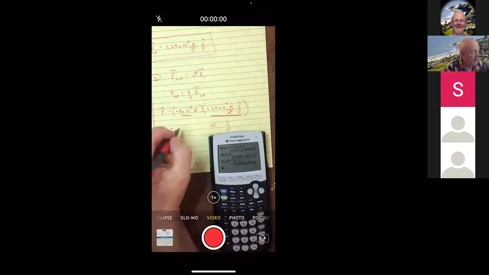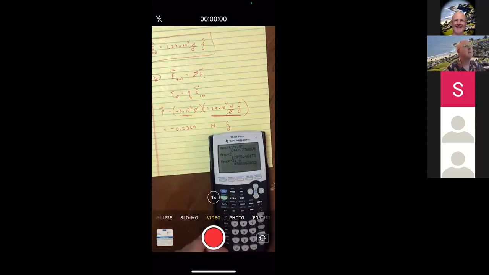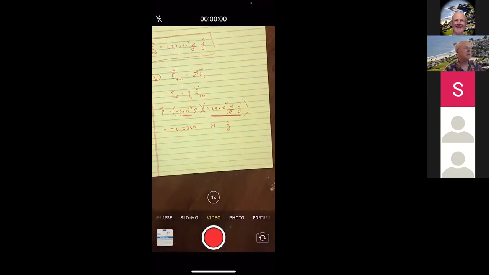And we get a -0.03, and I'll do 3 significant figures. Let's go 69. And got the same answer that the author got. Awesome.